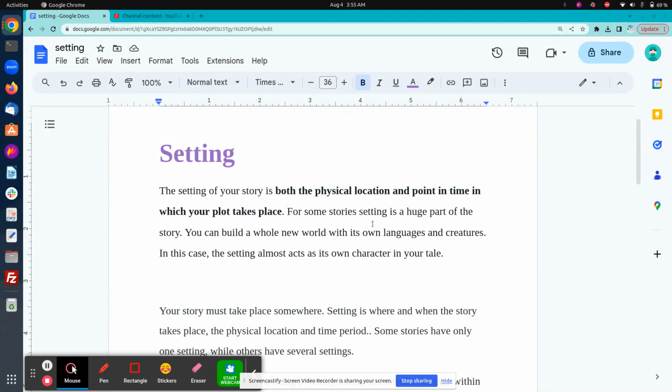Setting helps in creating the atmosphere of the story. You get to know where the action is taking place, what is the location or the time period of the story. For example, if we talk about places, this action is happening at the church.